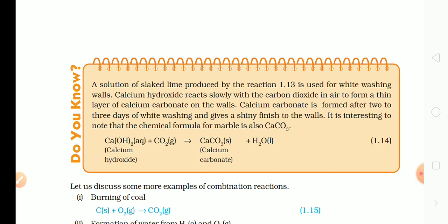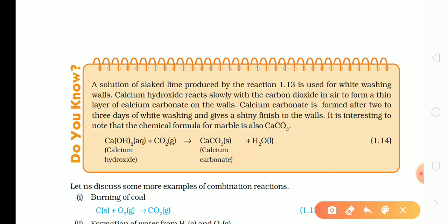And there is a practical application for the above activity or reaction. In earlier times, for whitewash, we used to use this calcium oxide or quicklime. This quicklime, when mixed with water, is converted to slaked lime, and this slaked lime is used for whitewashing, whitening of the walls of buildings.